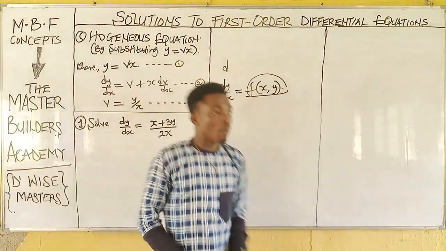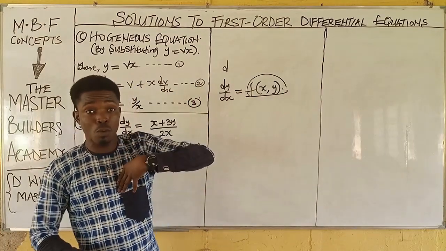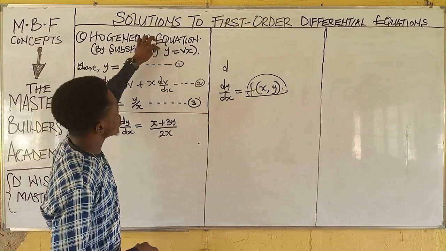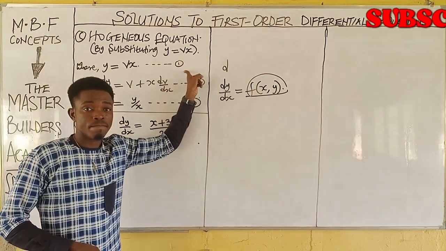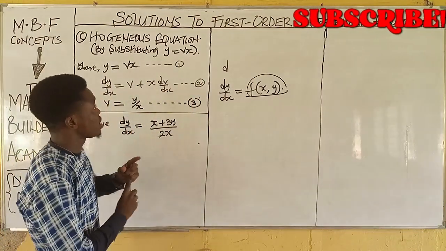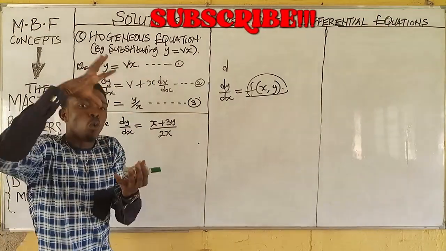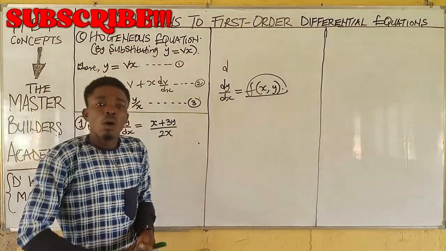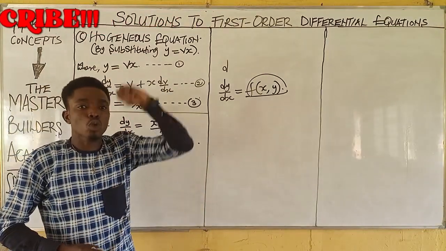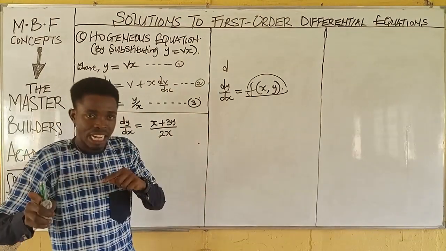Now, in this case, since I cannot separate y from x or x from y, I will therefore replace y with vx. So this is what we call equation 1. So when you are solving problems on this, you make use of equation 1 and equation 2 at the same time. Once you substitute equation 1 and equation 2, then simplify, you will be able to separate the variables, which is v and x.